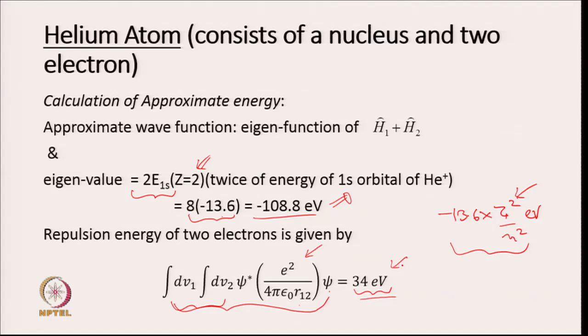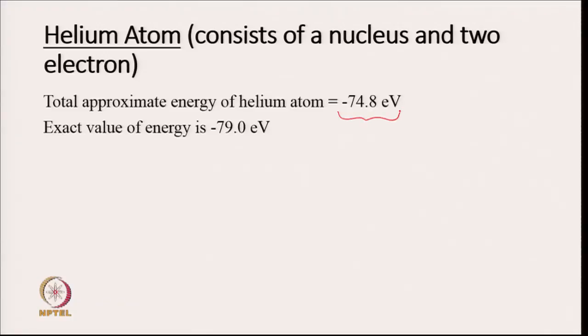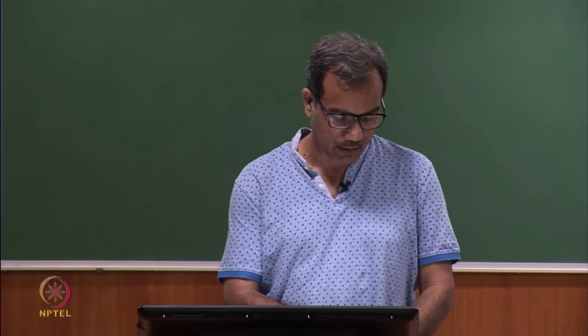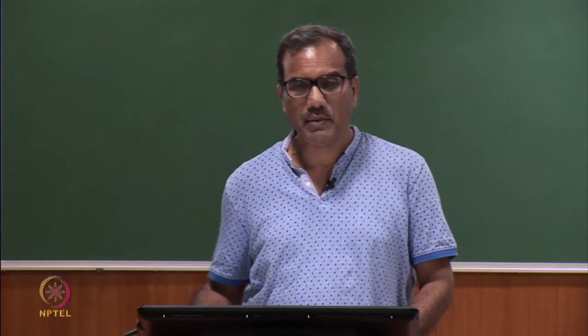So, we are going to add them up to get the total energy, and when we add them up, what we will get is minus 74.8 electron volt, and this is quite close to the exact value of the energy, which is minus 79.0 electron volt. So, this is the first method to calculate the approximate energy of the helium atom. There are other methods reported.